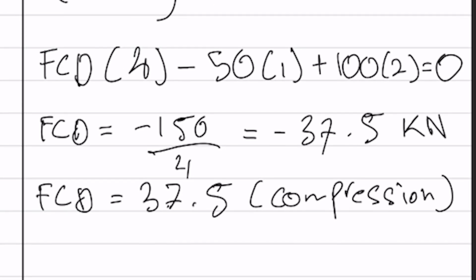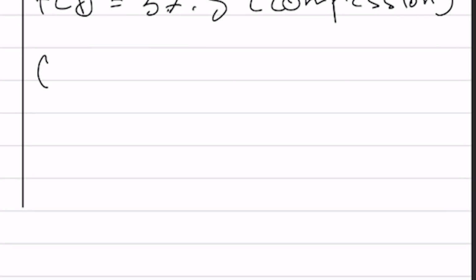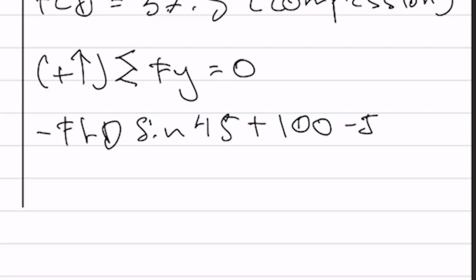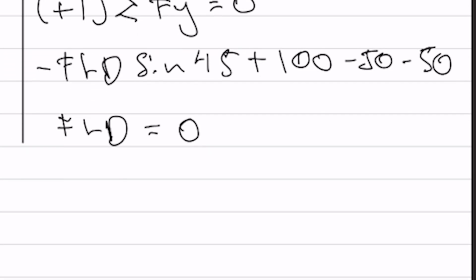Next, for FLD, we assume upwards is positive. So negative FLD sin 45 plus 100 minus 50 minus 50 equal to 0.